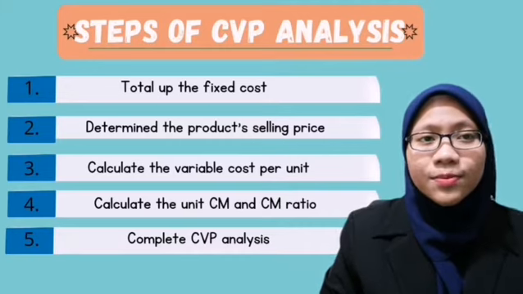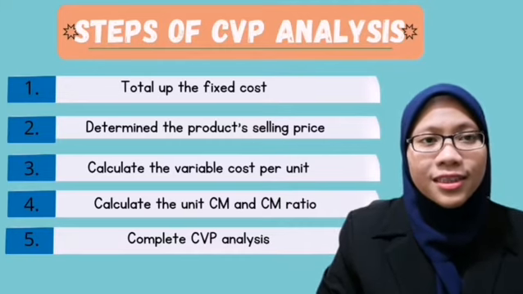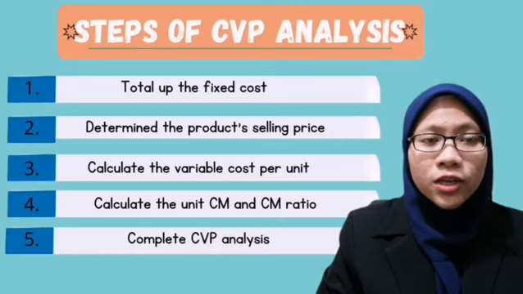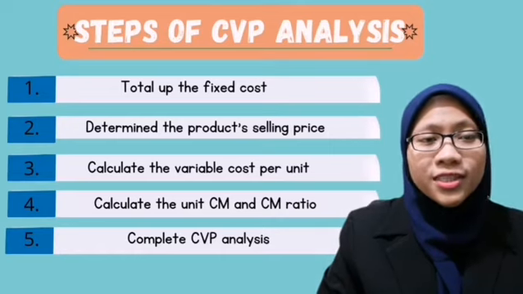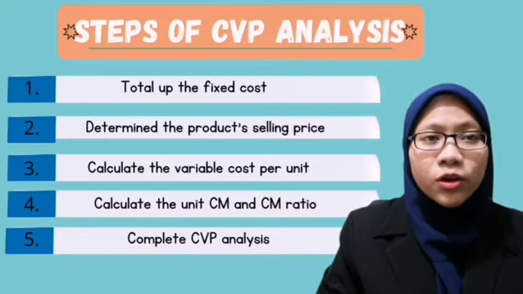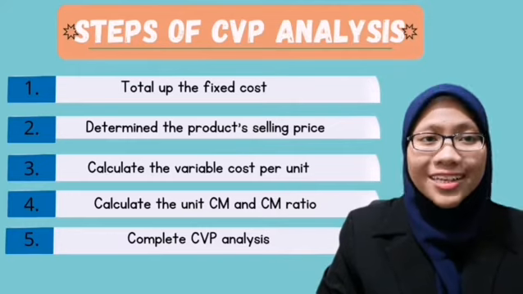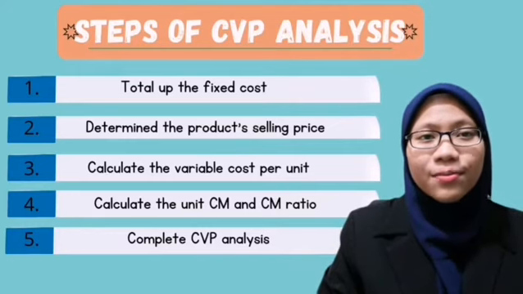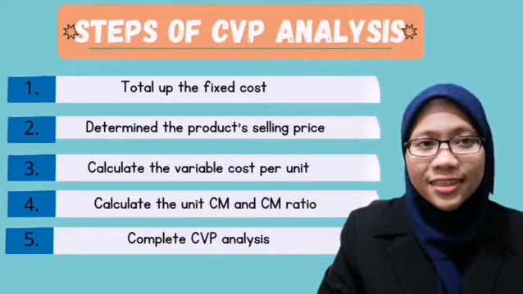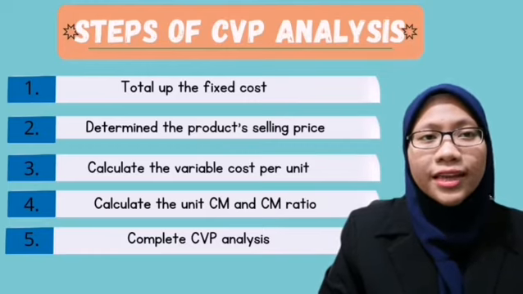The price for the customer is different from the retailer. Third, the company needs to calculate the variable cost per unit. The fourth, the important part, is that the company needs to calculate the unit contribution margin and also the contribution margin ratio. The last step, the fifth, is to complete the CVP analysis to know the units that need to be sold in order to break even.